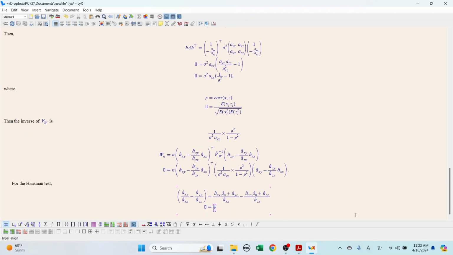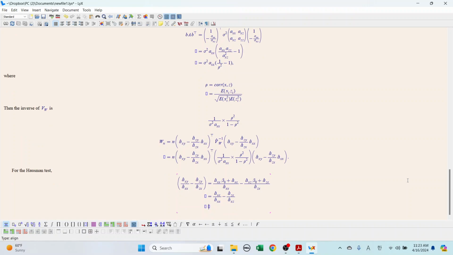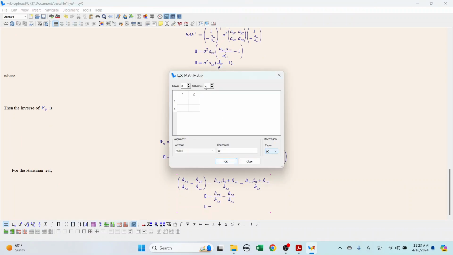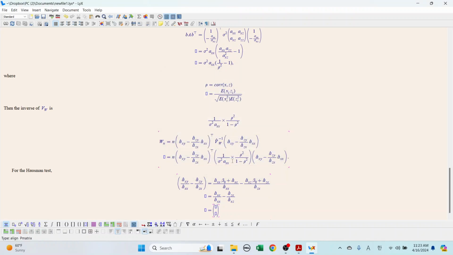So here you only have x epsilon divided by xx minus z epsilon divided by xz. Zx, xz, same thing. Okay.